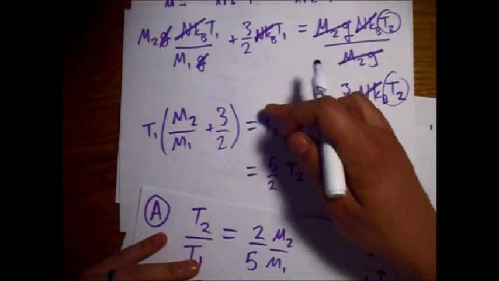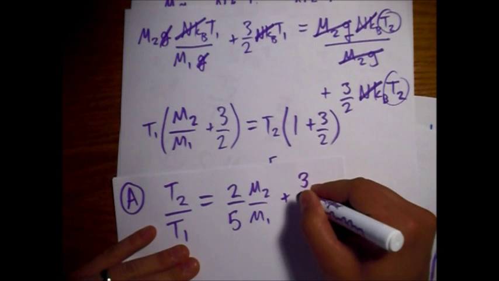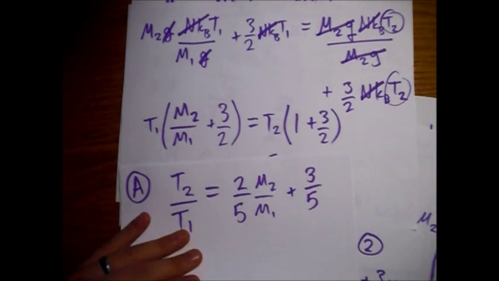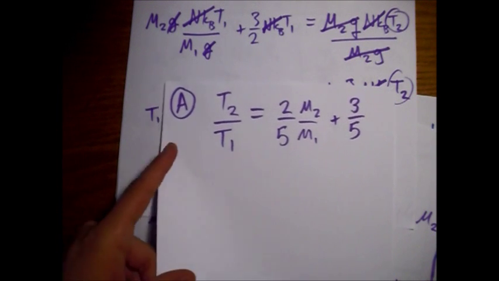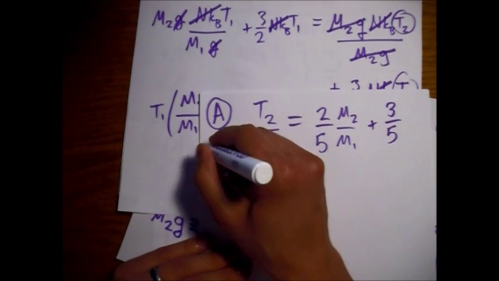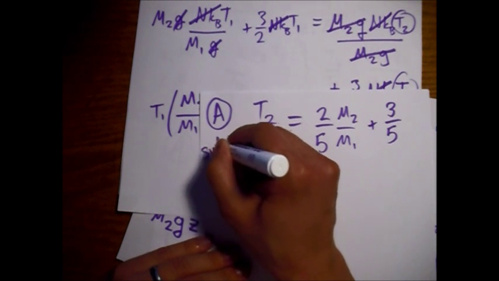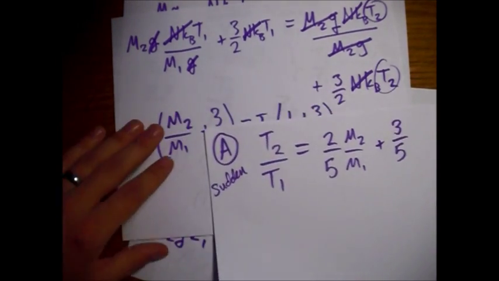The 2's cancel out and we get a 3/5. So here is our first result, the ratio of temperatures. This is for A, which is the sudden replacement of the mass with the other mass.